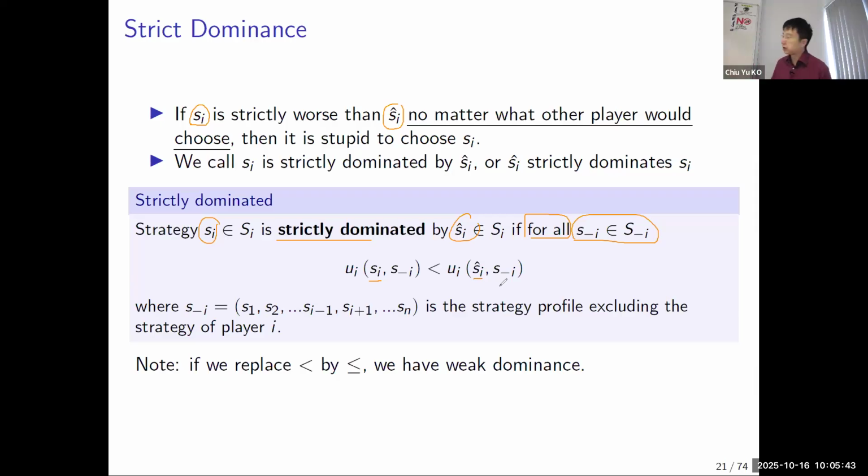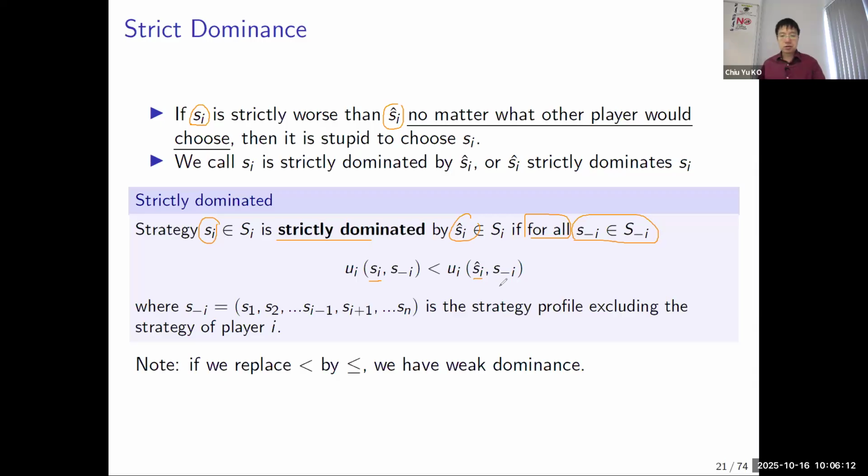Hat is always smarter than the non-hat, right? So there's no way that you would do it this way, right? So at least unless the guy is crazy, right? We call it rational, you will maximize payoff, right? So there's no reason, in this one-shot game, you would choose a strictly dominated strategy.